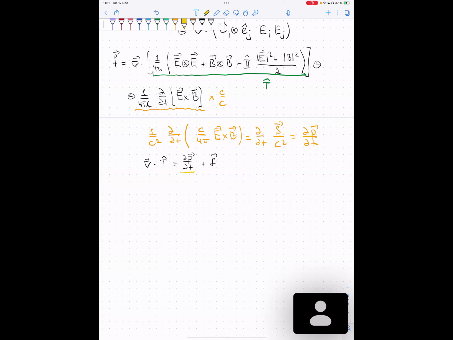So this is the time derivative, the change in electromagnetic momentum.